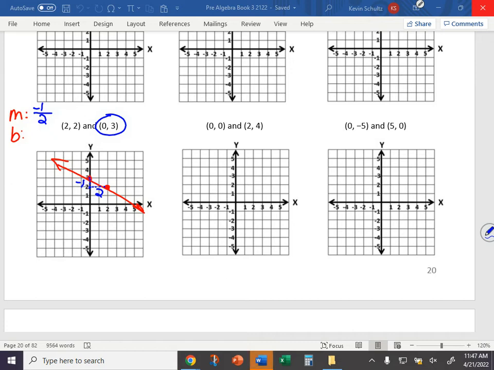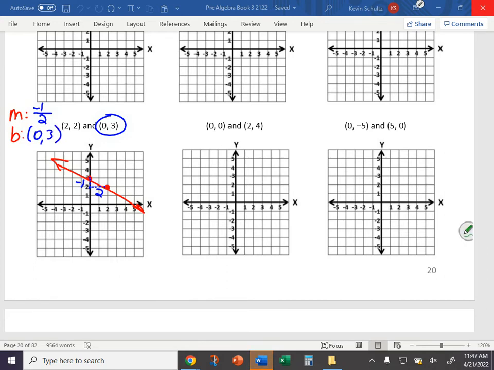X is always 0, right? Which we have here. In fact, every single time I give you an ordered pair where the x value is 0, that is the y-intercept. So the y-intercept is not only one of the points that you plot, but you can also see on the graph where it passes through. Okay. So the y-intercept, our b value, is 0, 3.